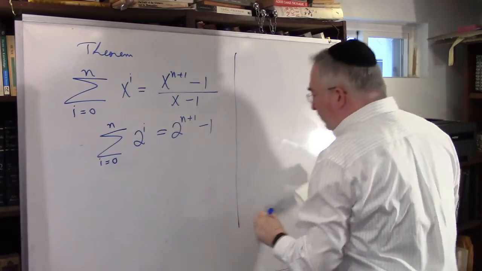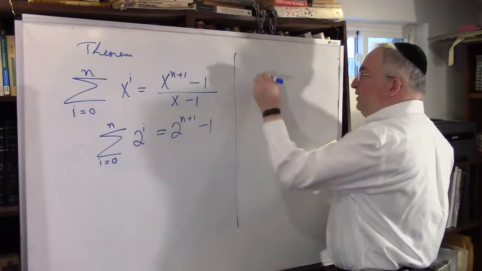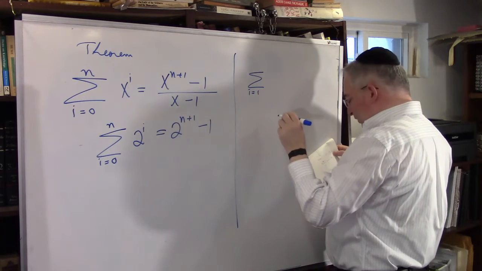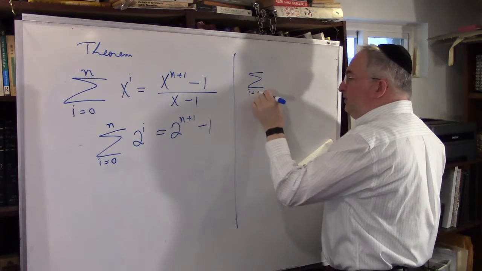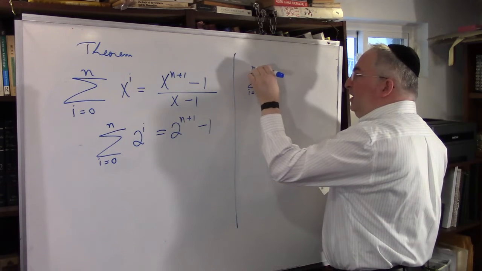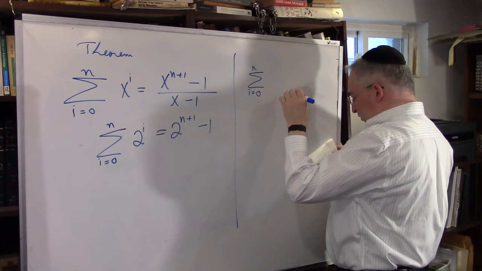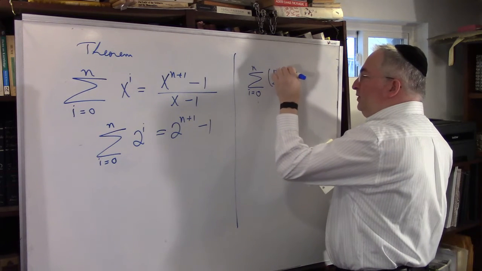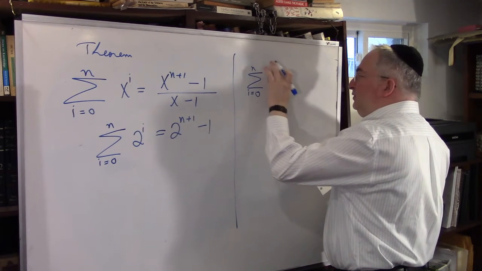Let's do another one. The sum of i equals 0 to n of a half to the ith power.